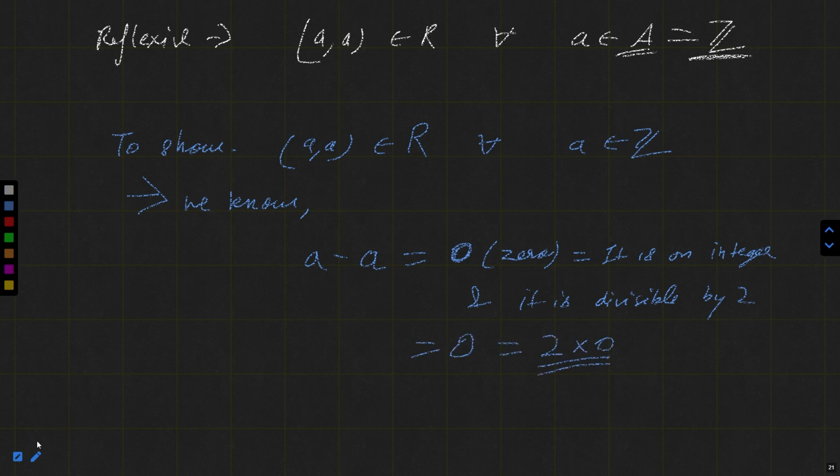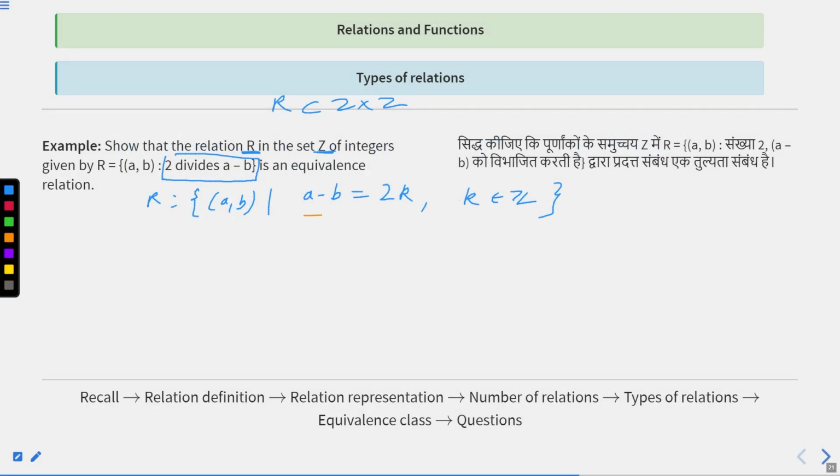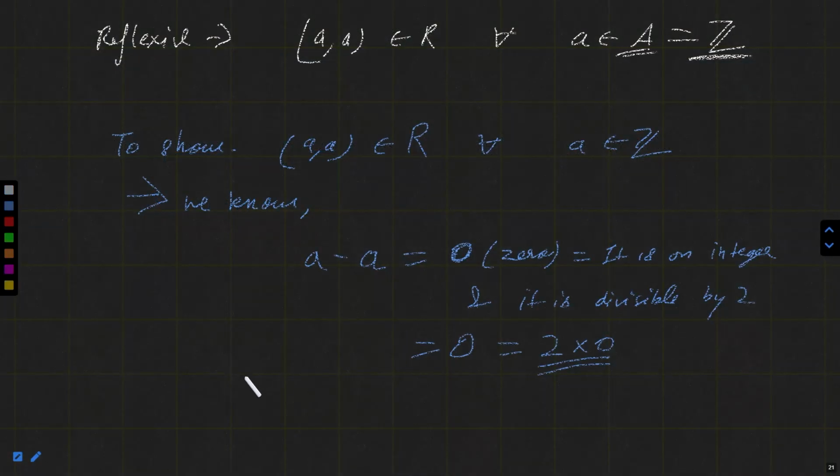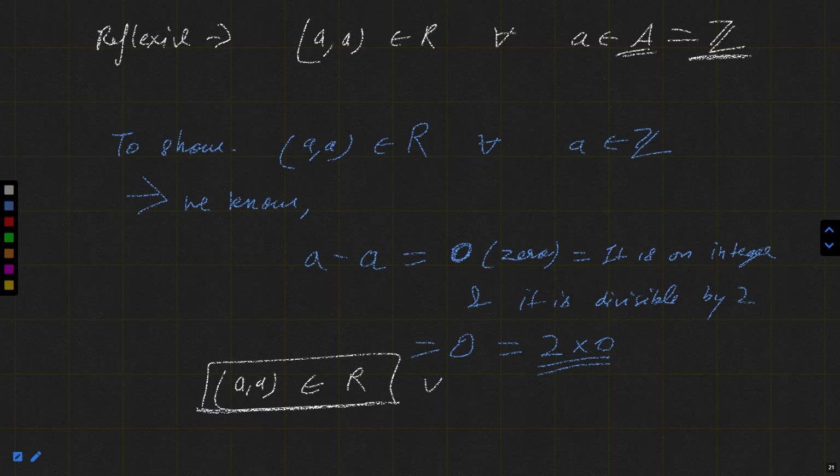So this is of the form a minus b equals 2 times k, where k belongs to the integer set. So we showed that (a, a) also belongs to the relation R for every a belonging to the set of integers. I hope that it is clear.